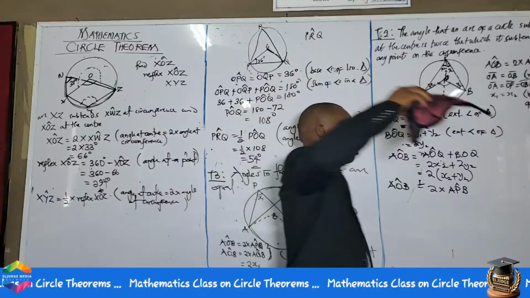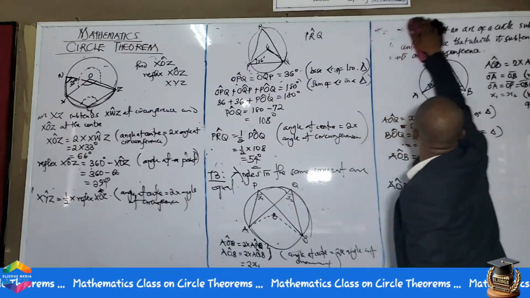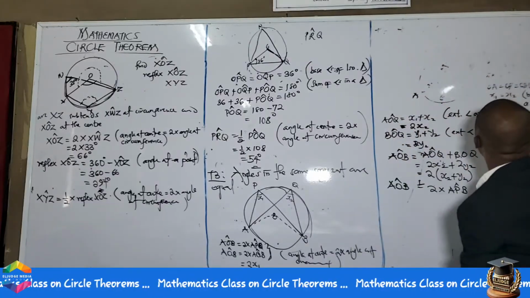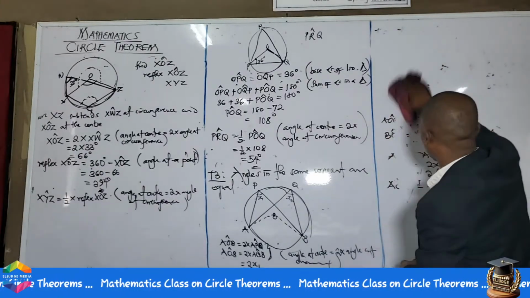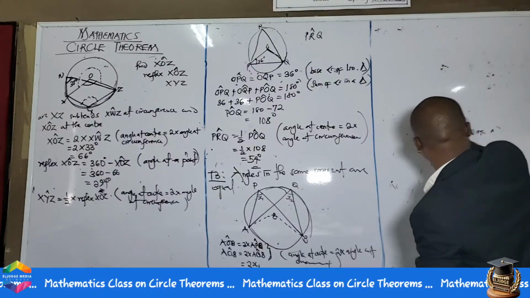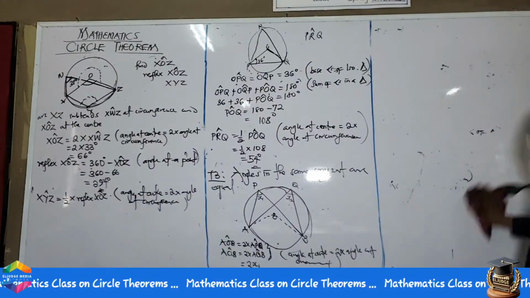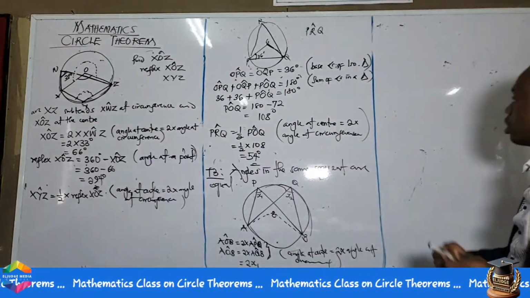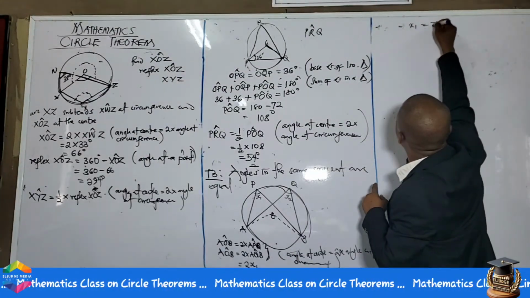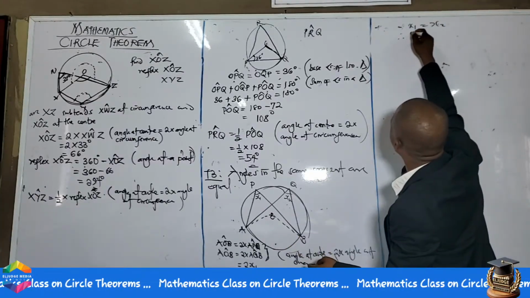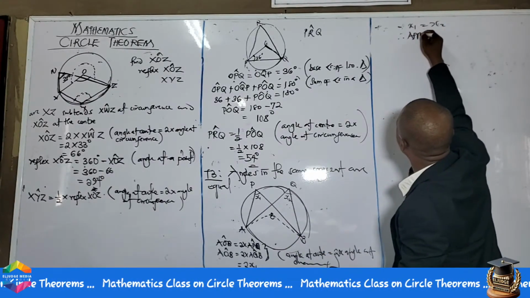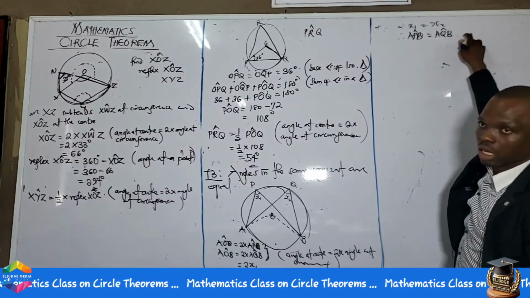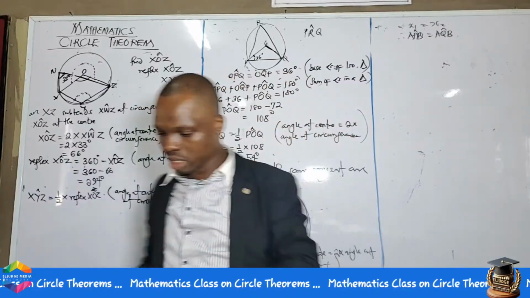If 2S1 equals 2S2, the two will cancel each other. Then we can say S1 equals S2. Therefore, we can now say that APB equals AQB, angles in the same segment.